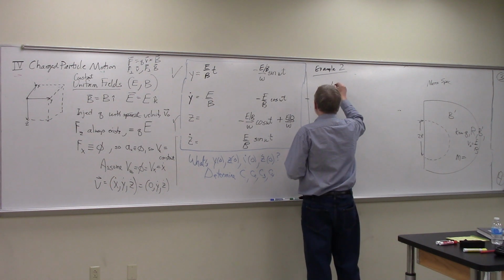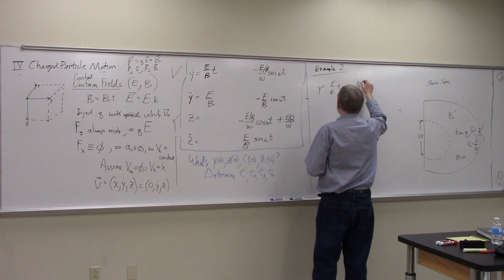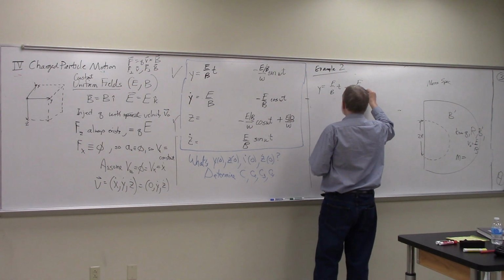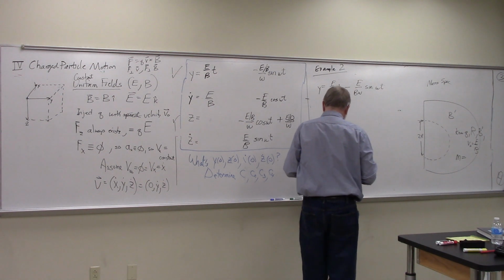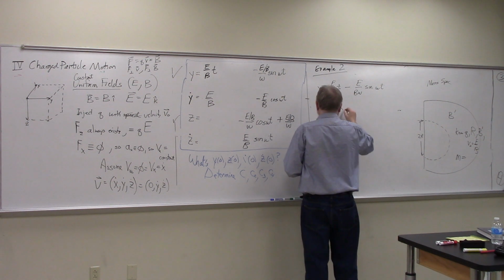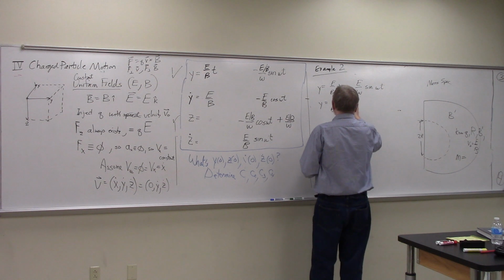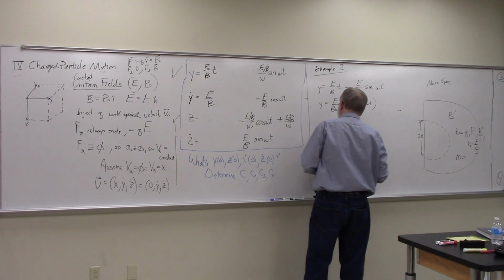Y equals e over b times t minus e over b omega sine omega t, which I write as y equals e over b omega times omega t minus sine omega t.